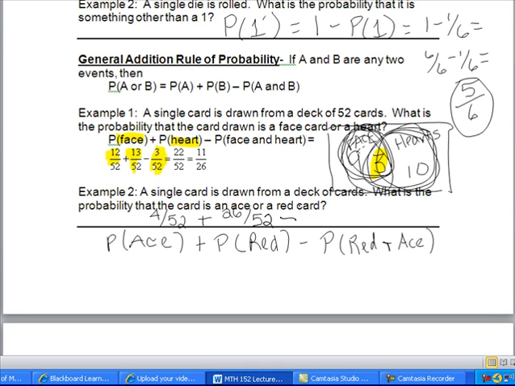And how many cards do we double count? We double counted the red aces, and there are 2, a diamond and a heart. So 30 minus 2 gives us 28 out of 52. 4 will go into 28 and 52, giving 7 and 13. So we reduce that down to 7/13. Hopefully you got that one right.